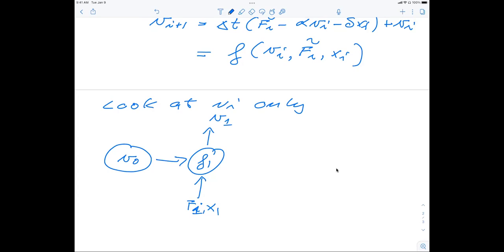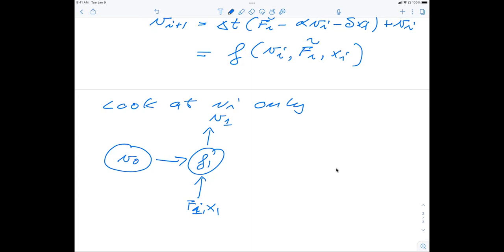Now, you could think of the following setting: that you are making a measurement of the velocity at every time step. So you're feeding in a force, you're feeding in a position, you know these parameters, and then at every time step, you measure the velocity.